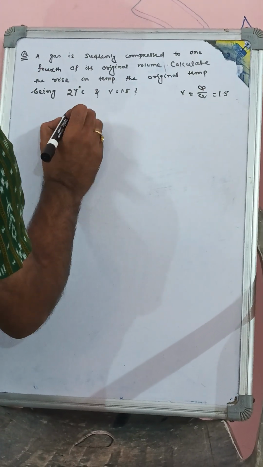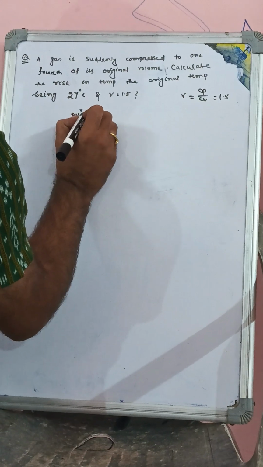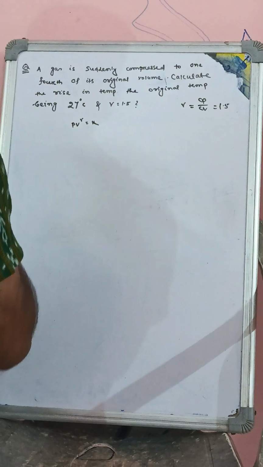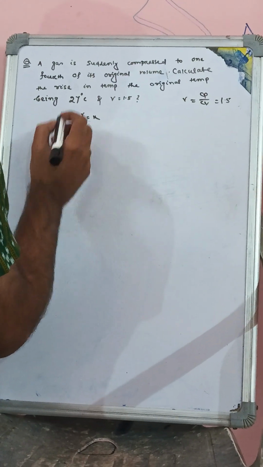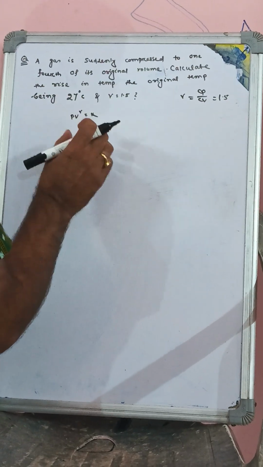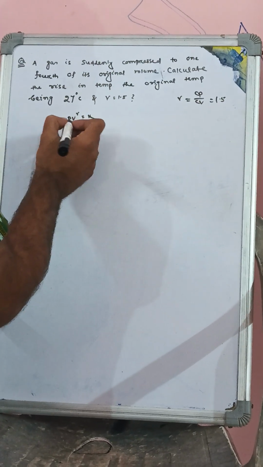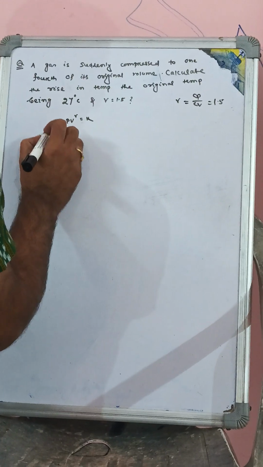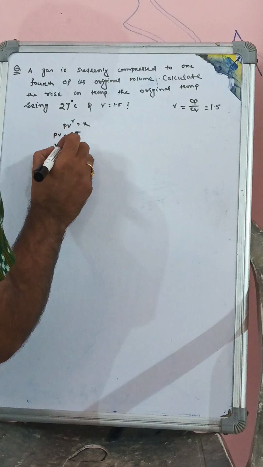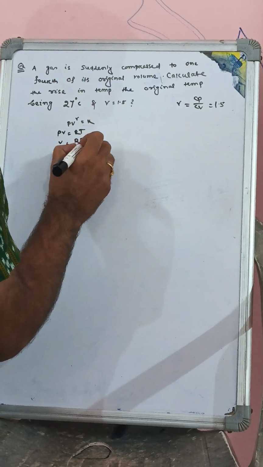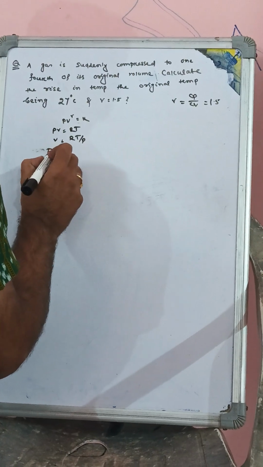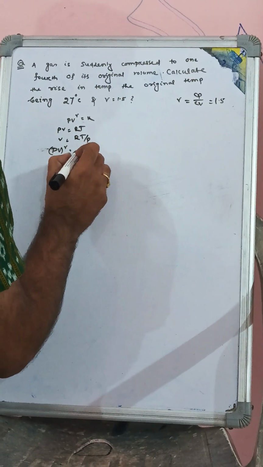We know for an adiabatic process, PV to the power gamma is equal to constant. From the previous class we will discuss the relation between pressure, volume and temperature. We get PV is equal to RT, then V is equal to RT by P. Then PV to the power gamma is equal to constant.